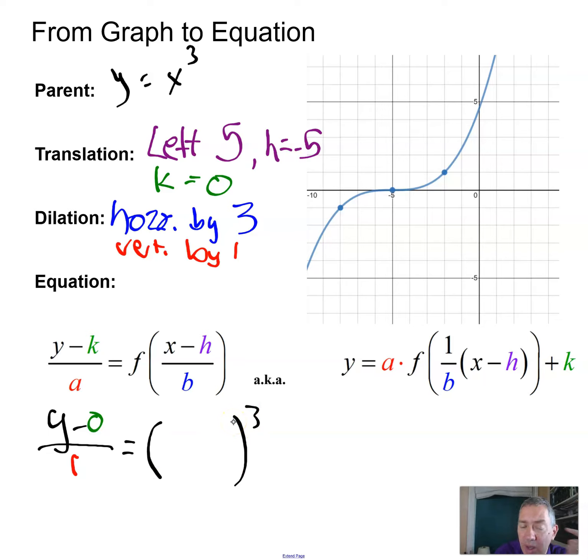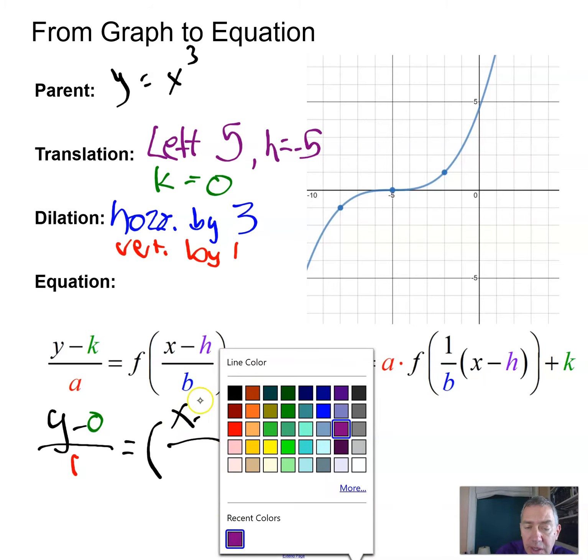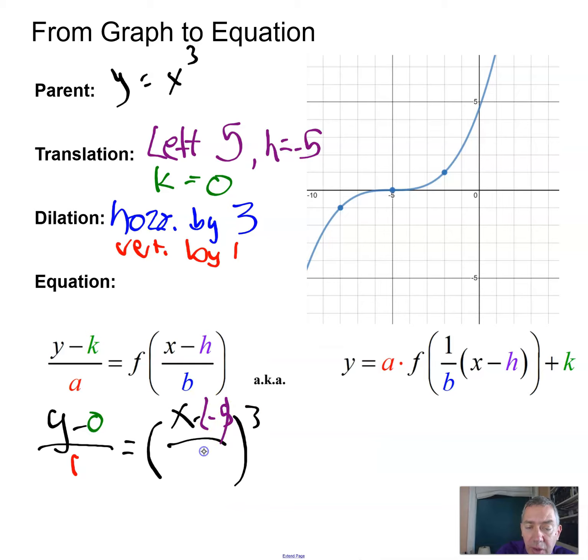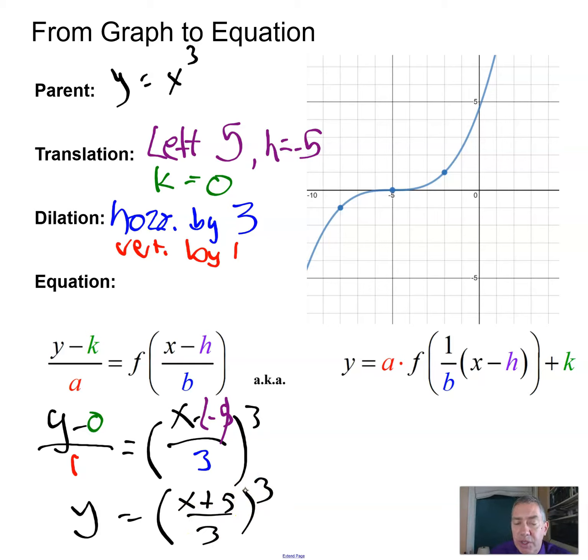So we're going to take whatever we've got and cube it, and we have x minus, my h is -5, so x minus -5, over my b is 3. So there we have it. That -5 is written very unpleasantly, but we can clean this up a little bit. We have y equals x plus 5 over 3, cubed, and that is the equation of the graph.